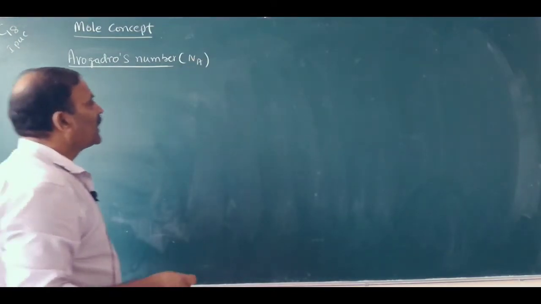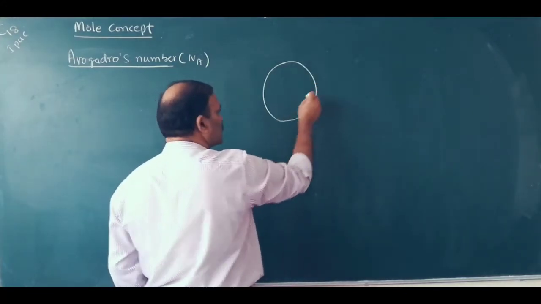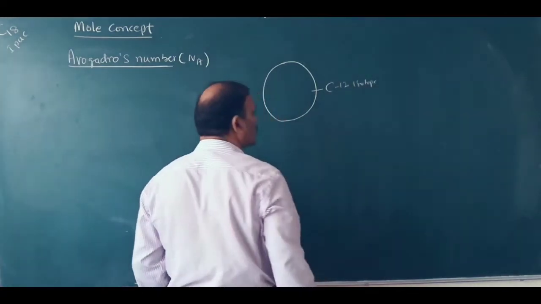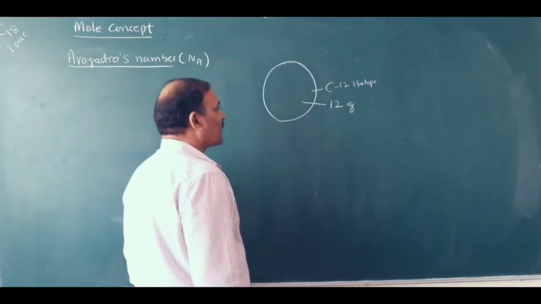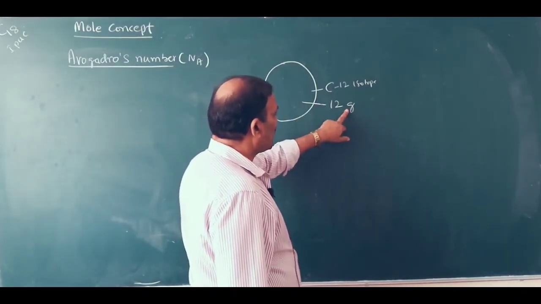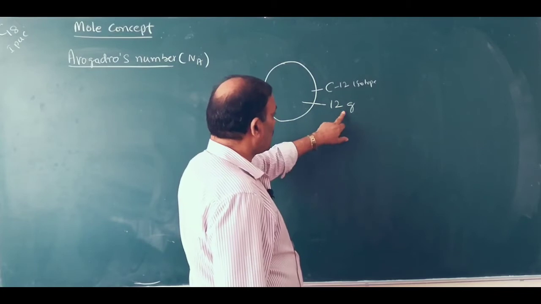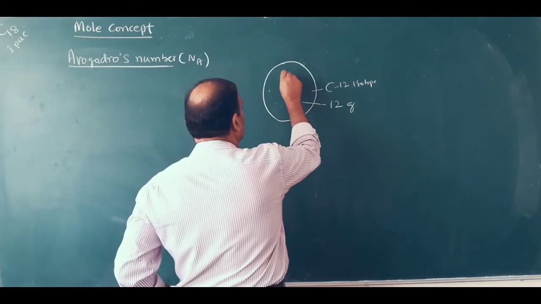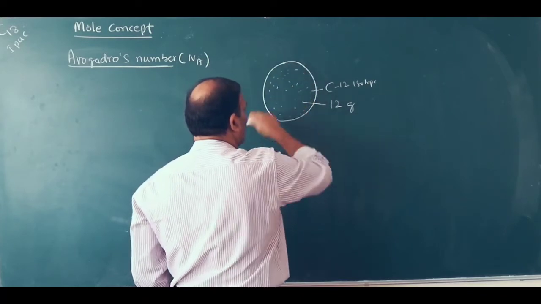Now let us consider the carbon 12 isotope. Here there are 12 grams of carbon 12 isotope. The gram atomic mass of carbon is 12. If it is expressed in gram, it is called gram atomic mass. The weight of the carbon isotope present is 12 grams. So here there are so many atoms of carbon 12.